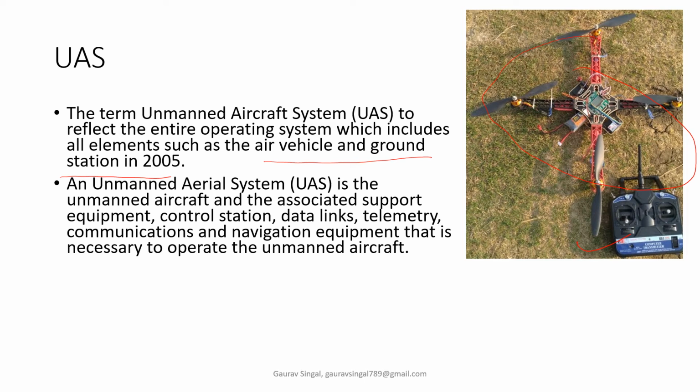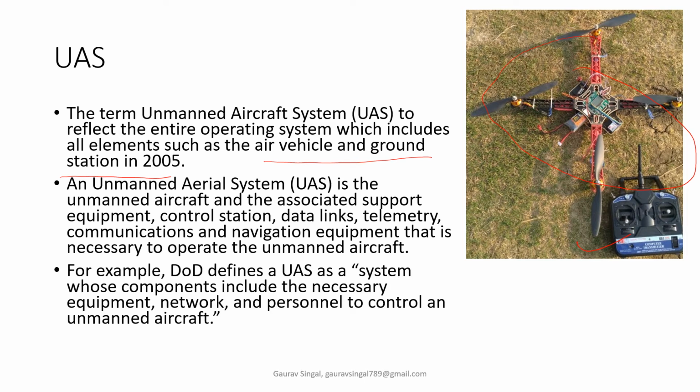Basically it's a complete system required to fly a drone. It could be a control station like our remote controller, a data link, telemetry communication to transfer the live data feed from the UAV to the remote controller, or navigation equipment. Anything required for your application, the complete system, is called UAS.